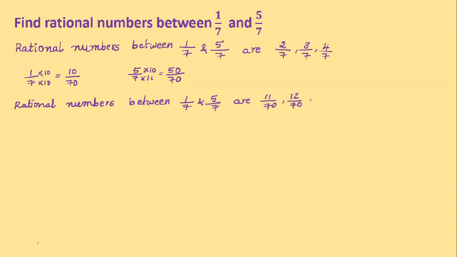Write numbers between 10 and 50 in the numerator. 11 by 70, 12 by 70, 13 by 70, 14 by 70, and you can write till 49 by 70. So there are 39 rational numbers between 10 by 70 and 50 by 70. That is equal to 1 by 7 and 5 by 7.